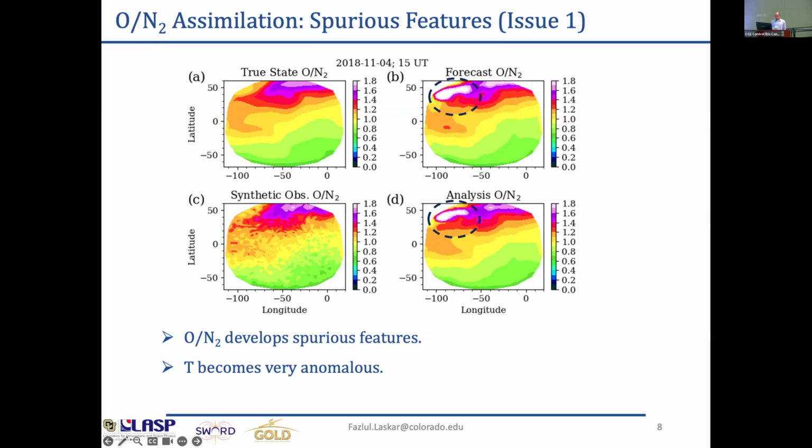It also messes up the temperature in the model, and the ionosphere also. So it does not work with the O/N2 assimilation. Later we tried different experiments and found out that we have to do some observation thinning and change the localization setup to remove these artificial features.